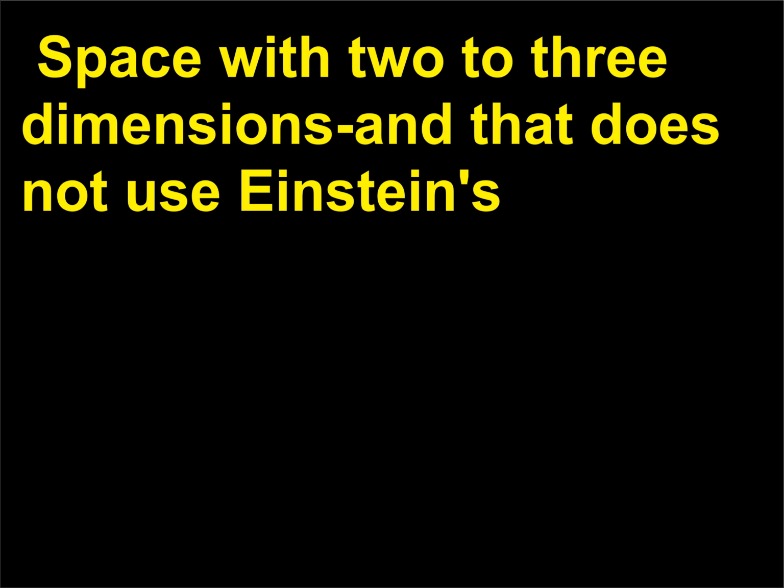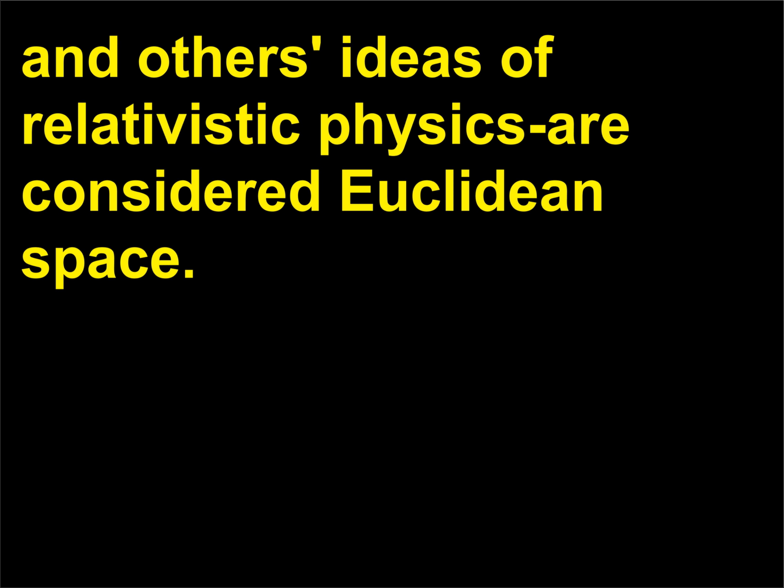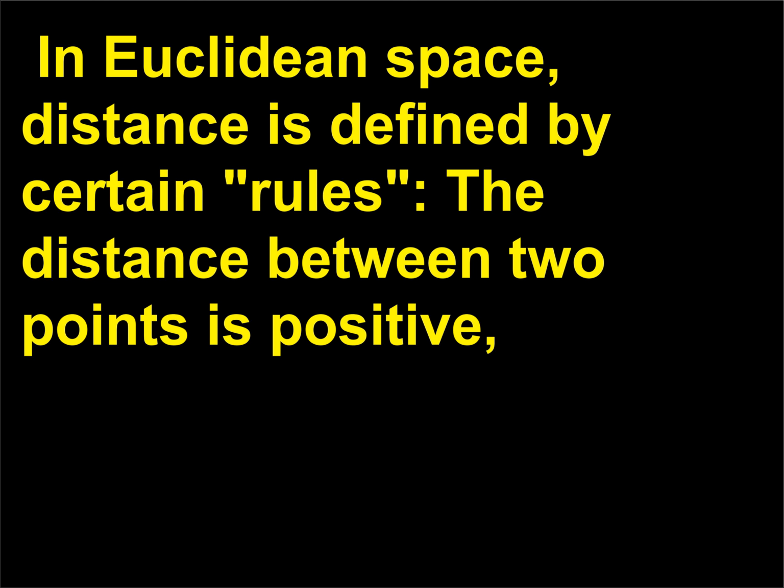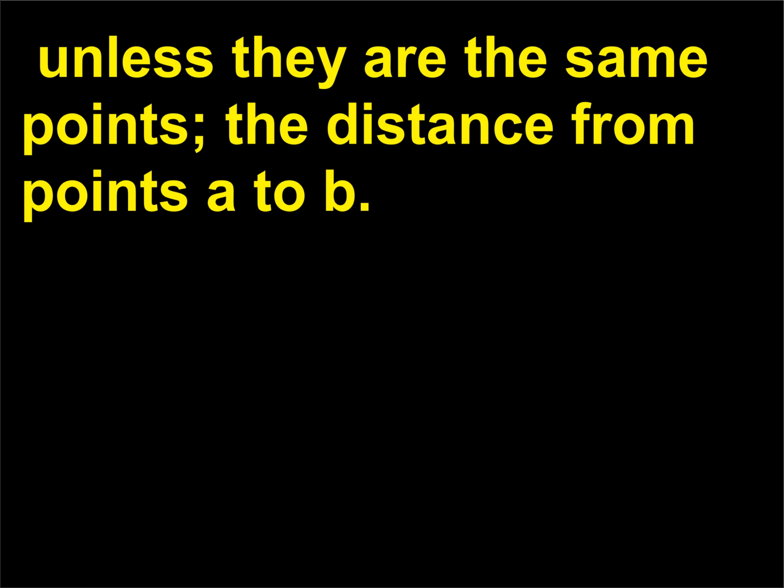Space with 2 to 3 dimensions and that does not use Einstein's and others' ideas of relativistic physics is considered Euclidean space. In Euclidean space, distance is defined by certain rules. The distance between 2 points is positive unless they are the same point, the distance from points A to B.